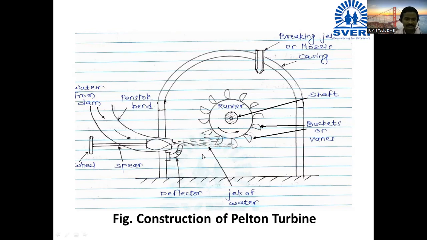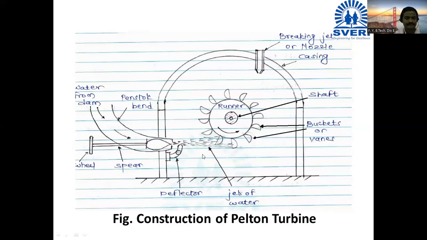This water jet strikes over the buckets and starts to rotate the runner. Full stop.